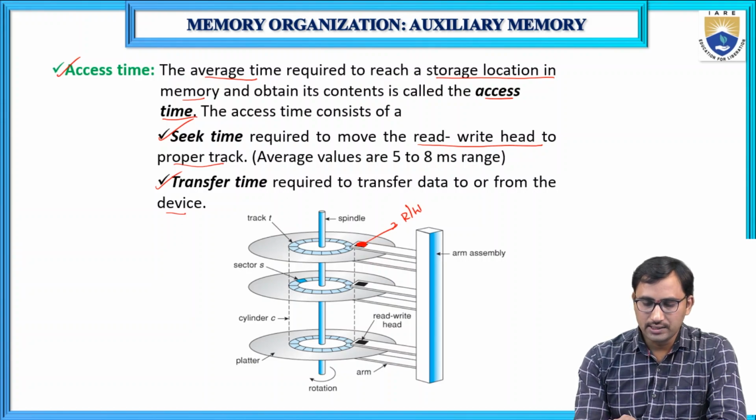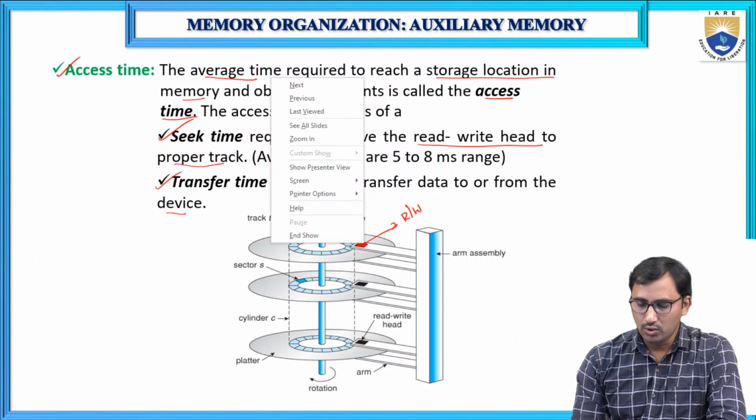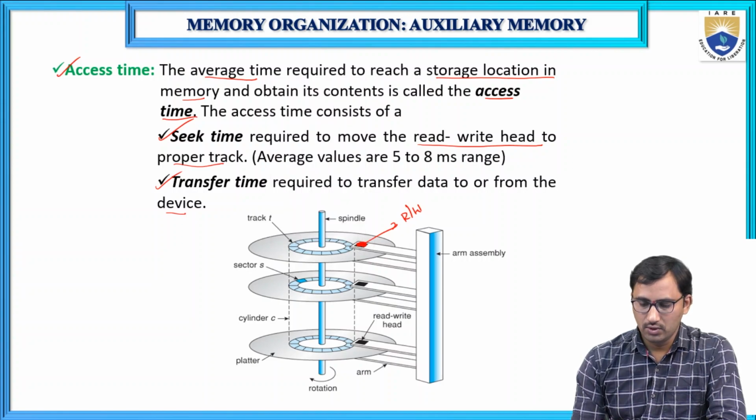So seek time is the time required to move this read or write head to a particular track. Once the head is placed on the track, it starts reading the data from that particular track. That time is called transfer time. So transfer time is the time required to transfer data to or from the device.